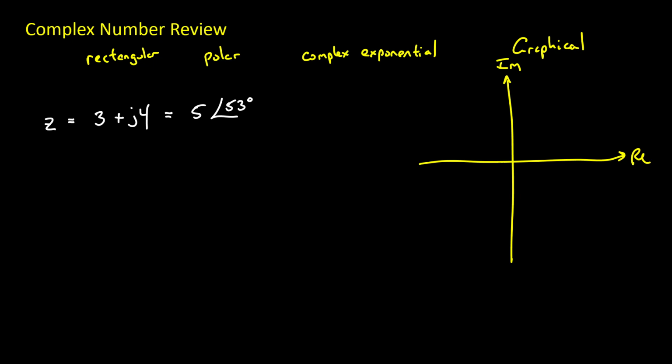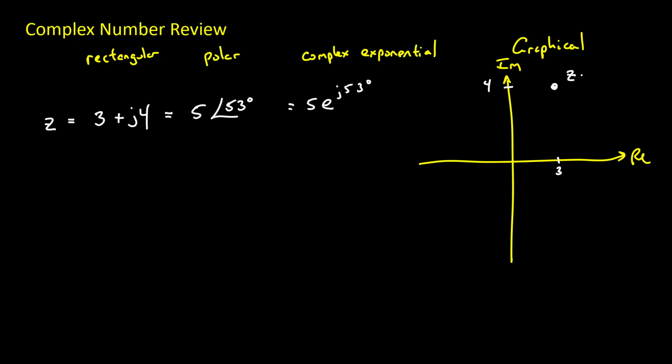It could be written in complex exponential form as 5 times e raised to the j 53 degrees. That's a perfectly valid equation that we'll evaluate on your calculator. Or it could be written graphically as a number that has 3 real parts, 4 imaginary parts, and so that is the plot of z.